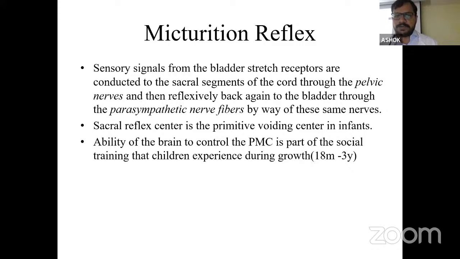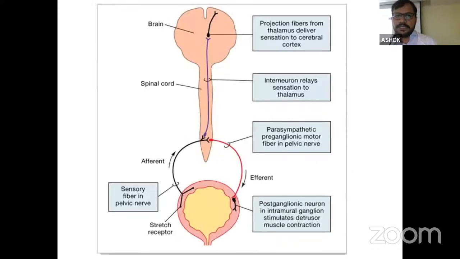The ability of the brain to control the PMC is part of the social training that children experience during growth. Afferent and efferent pathway: from the bladder wall stretch receptors, sensory fibers go through the spinal cord to the PMC and frontal part, and then parasympathetic fibers come back to the bladder wall and sphincter.